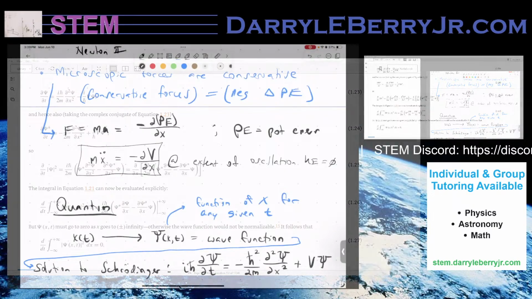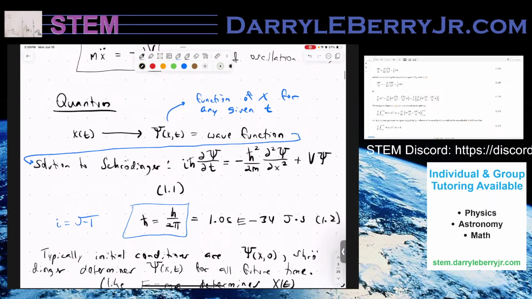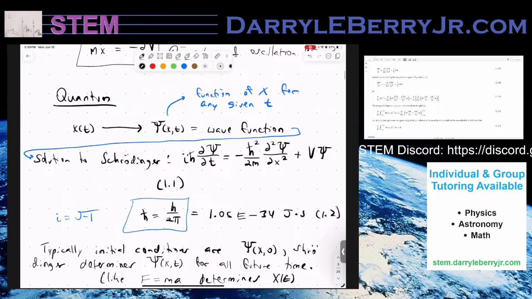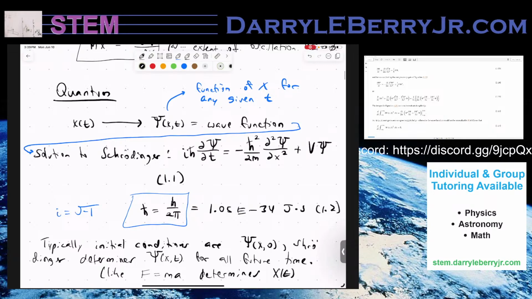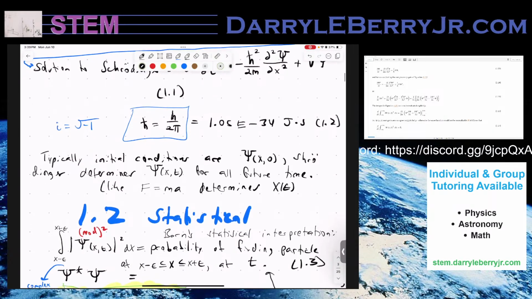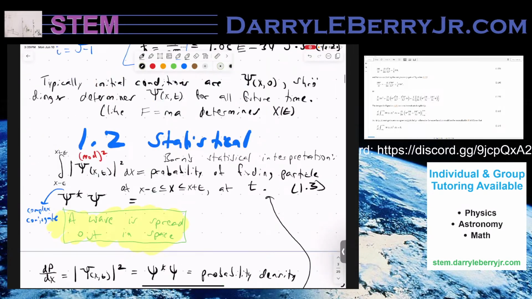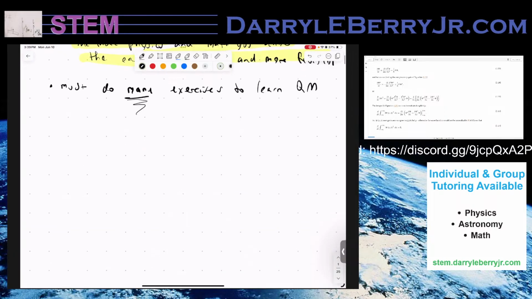So scrolling through my previous notes, we have the solution to the Schrodinger equation here. Psi of t. This is the Schrodinger equation, which is 1.1. And then we go straight into the statistical interpretation.